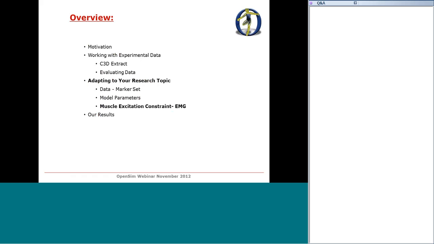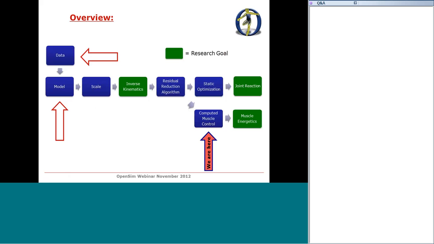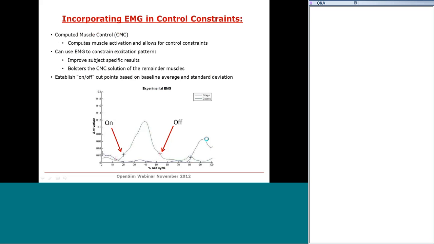I'm going to now move the discussion towards incorporating EMG data to improve the results of computed muscle control, or CMC. Once again, looking at our simulation flowchart, we're located here down in the bottom right. In OpenSim, we use CMC to resolve joint torques and forces from inverse dynamics into individual muscle forces using an optimization parameter.